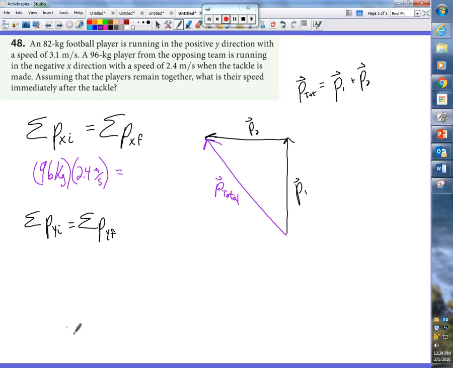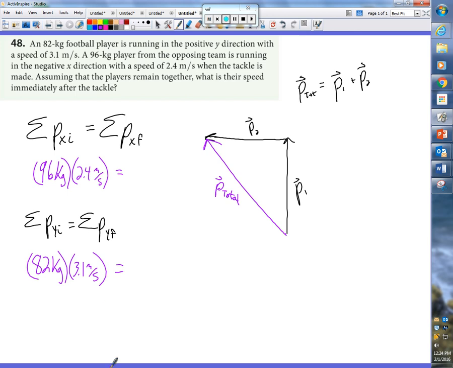And for the y, we only have one momentum in the y here. And that's going to be that football player's mass, 82 kilograms, multiplied by 3.1 meters per second. We can multiply that out.